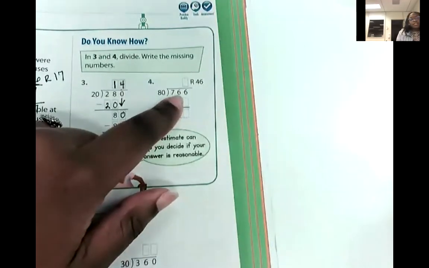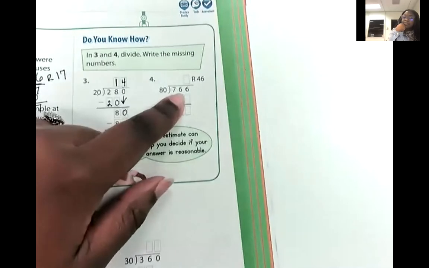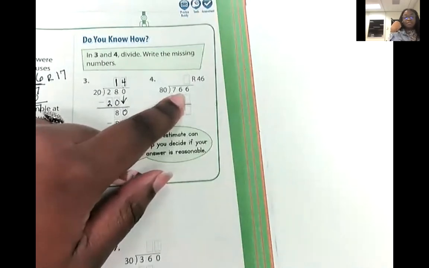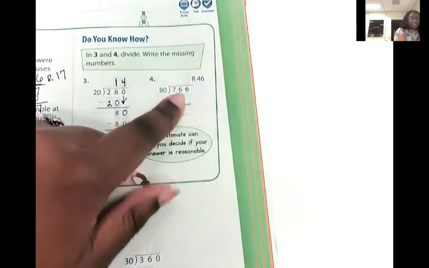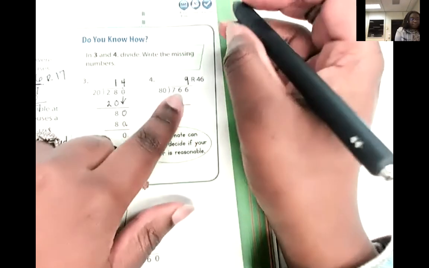But how many times can 80 go into 766? Well, I know 80 times 10 would be 800. So that's a little bit too much. So it would have to be 80 times 9 to make sure it doesn't go over 766. So 80 times 9. Okay?